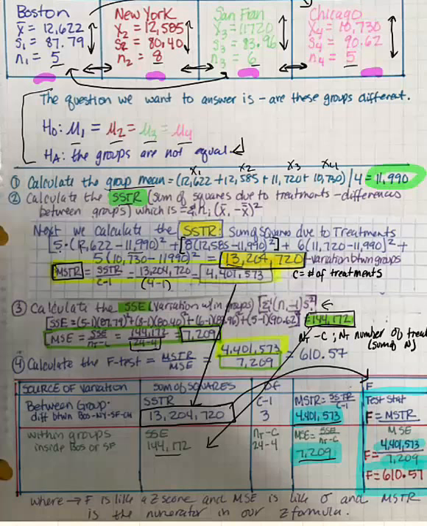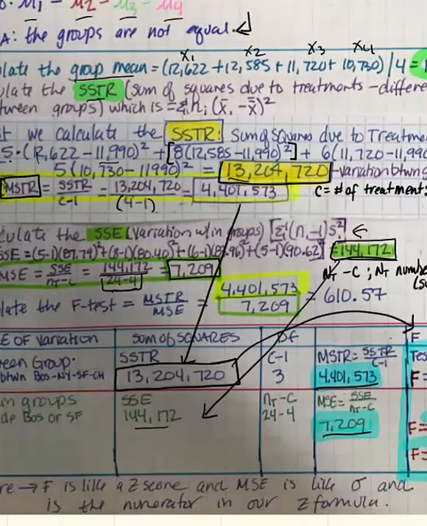So when we get a z value like that, we can just reject the null. We don't even need to look up an F distribution table, because there's no way that's not going to be well beyond the critical value.